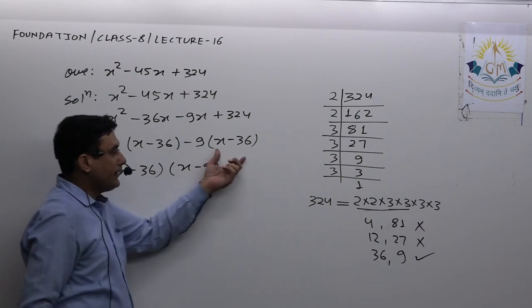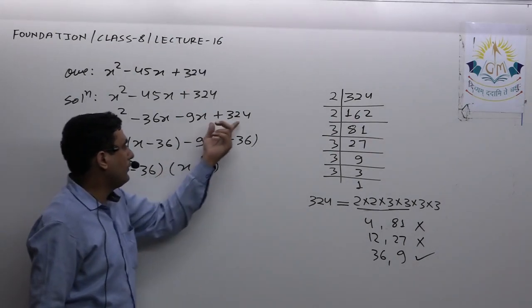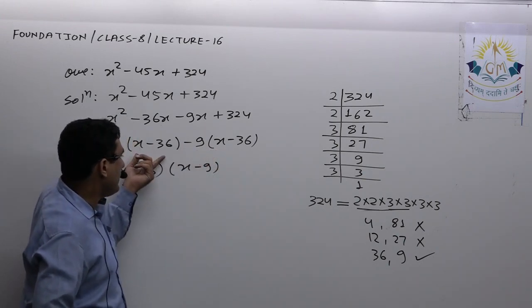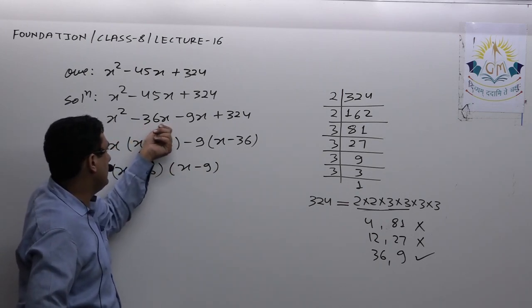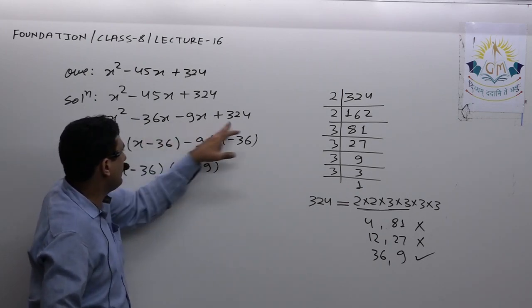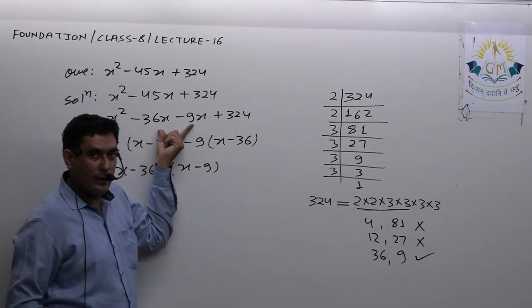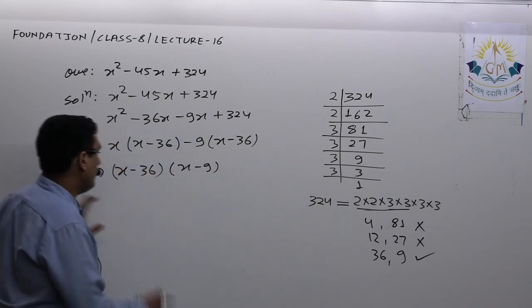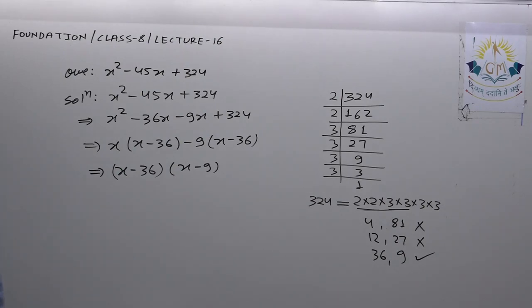I directly wrote x minus 36; I didn't even check whether the product of these two will be this, because here it is x minus 36 that I am sure, and just right now I checked the product. That means I confirm these two terms are correct, then definitely this will give you the correct answer. So these are the final factors. Please note it down, then we'll see the next question.